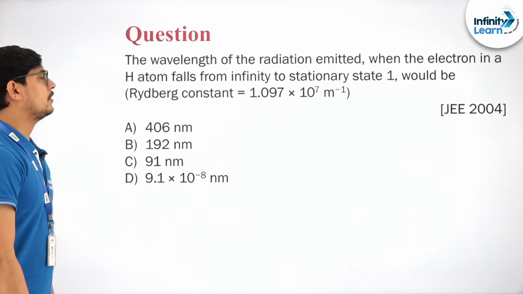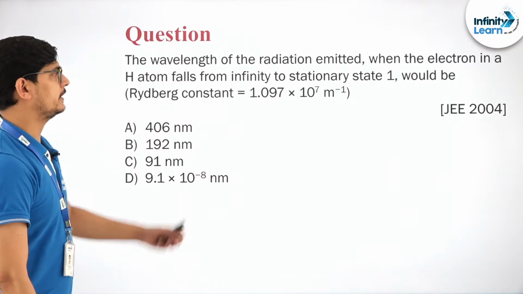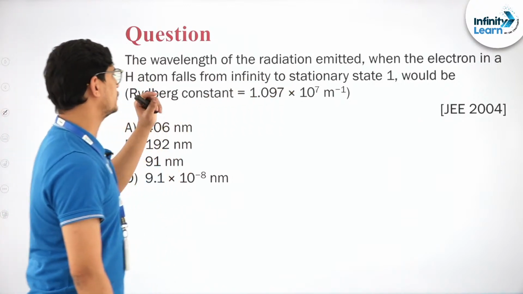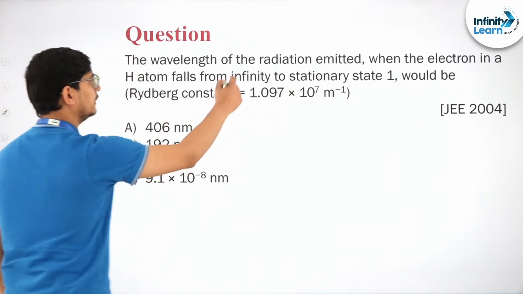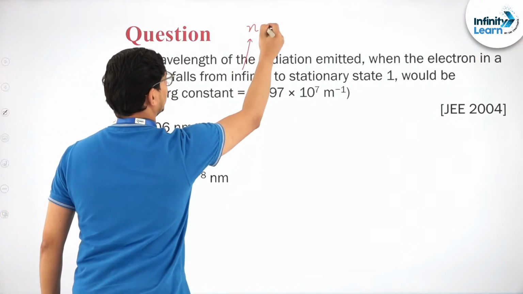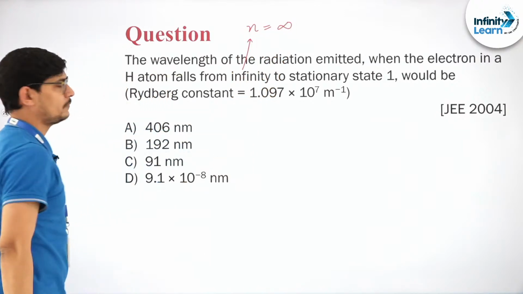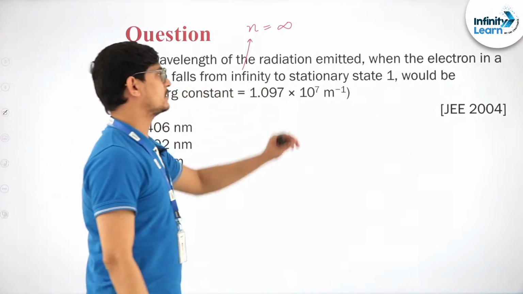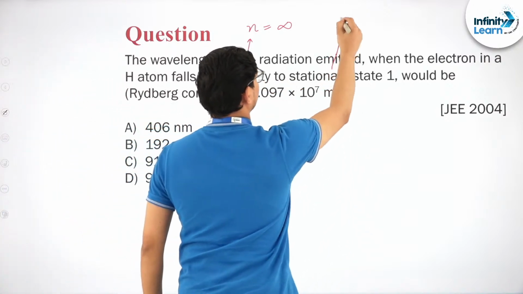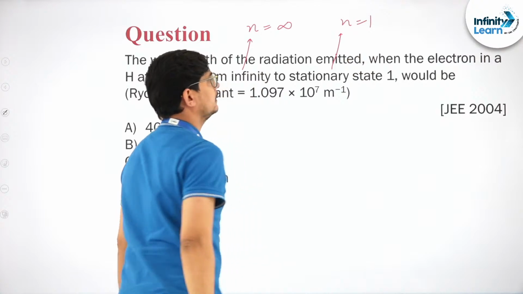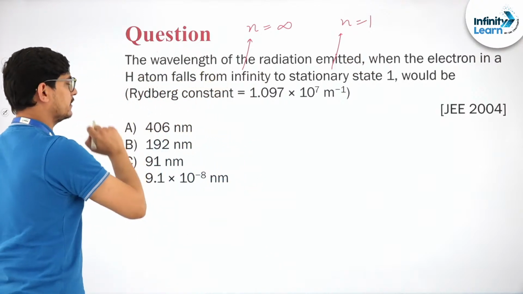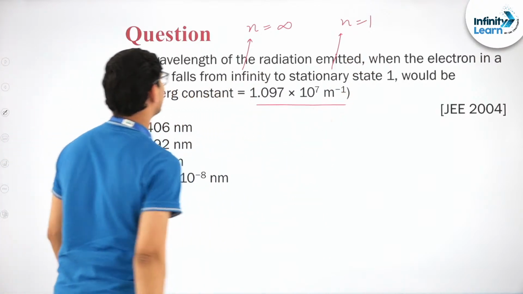The wavelength of the radiation emitted when the electron in a hydrogen atom falls from infinity, means as n is equal to infinity, falls from infinity to stationary state 1, given the Rydberg constant is this.